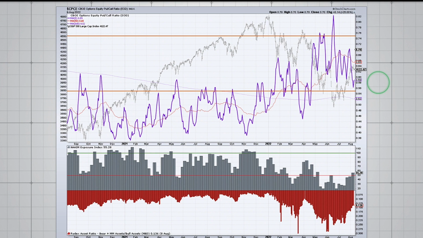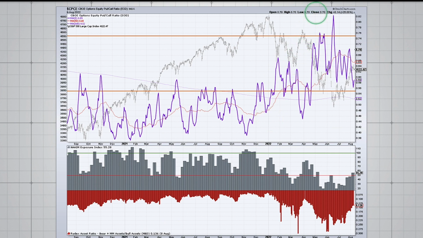Now, one other thing that I'm watching, sort of a good thing and a bad thing here, trying to figure out what to make of this. What we have with this chart is the put-call ratio up on top. For the last year and a half, we have been very, very complacent. Anything below that lower orange line is what I like to call the complacent zone on that put-call ratio.